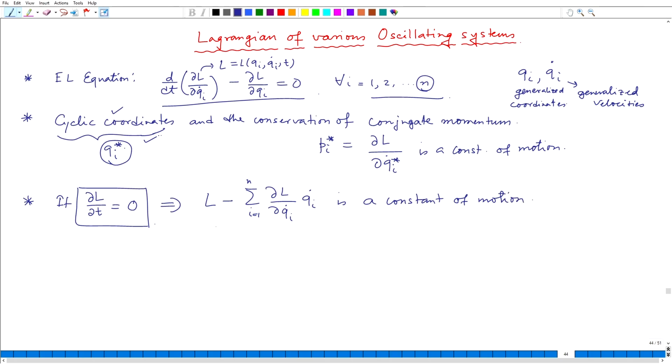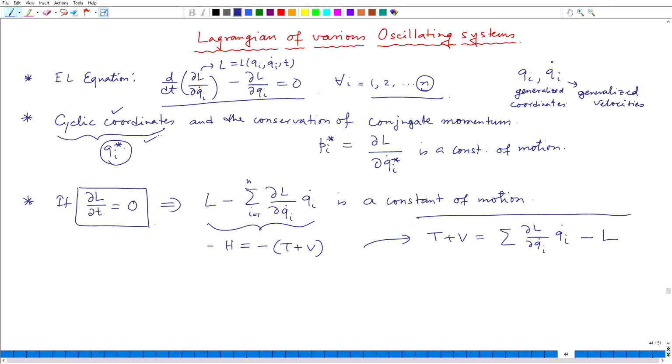For ordinary mechanical systems, we showed that this is nothing but the total mechanical energy h. So, the total mechanical energy is summation over ∂L/∂q_i dot times q_i dot minus L, for usual mechanical systems.